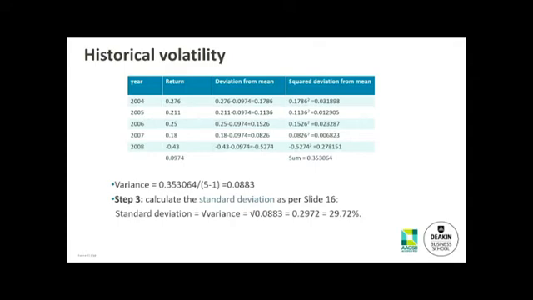So you work out the variance, you take the square root, and you have the standard deviation. Up to this stage, any questions?